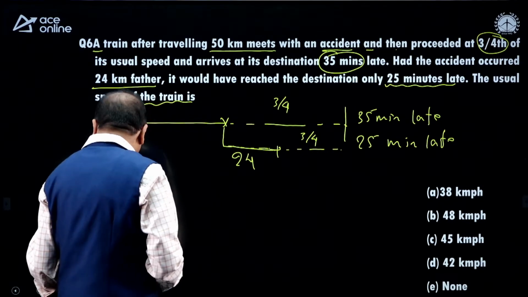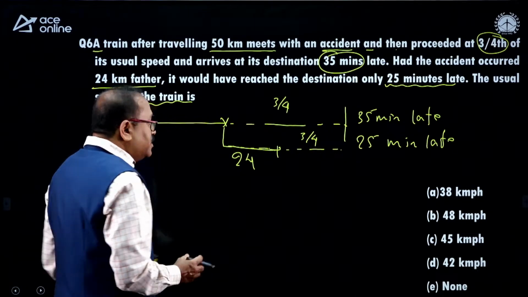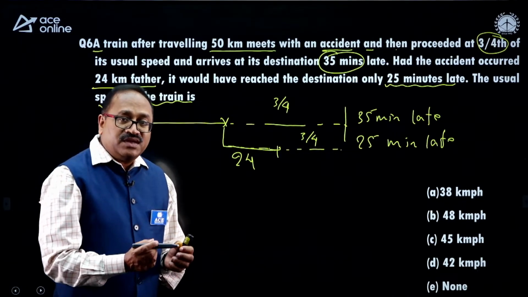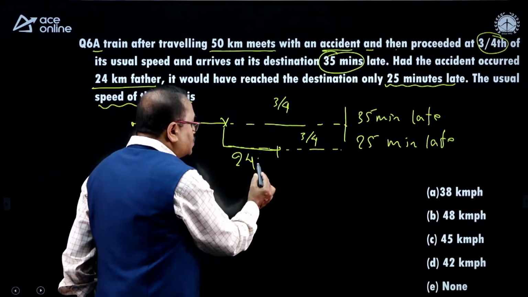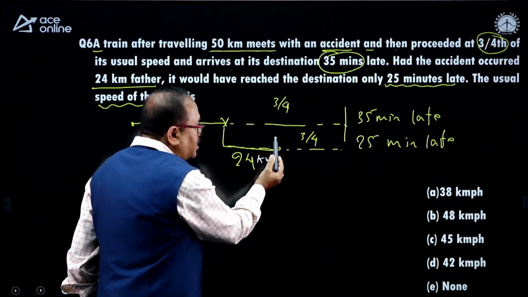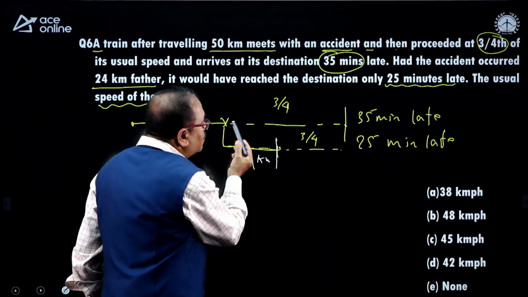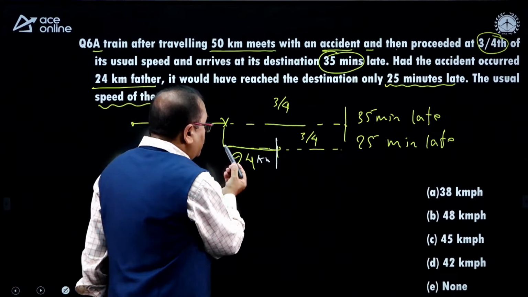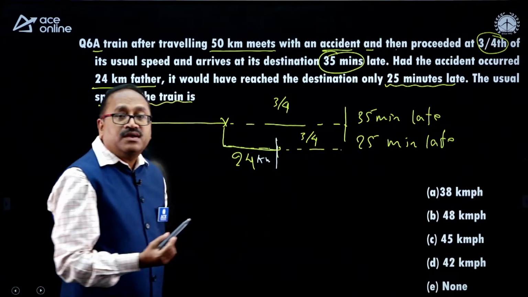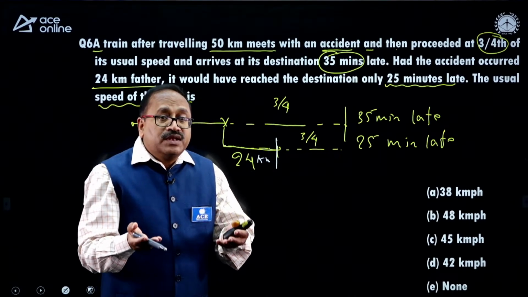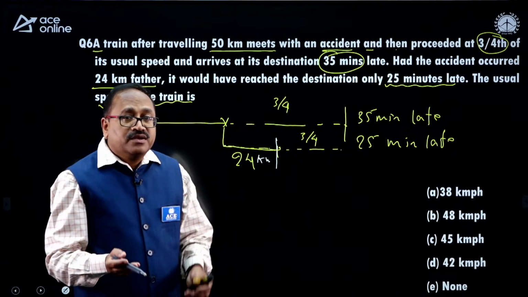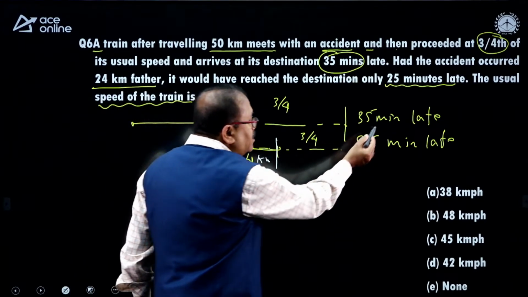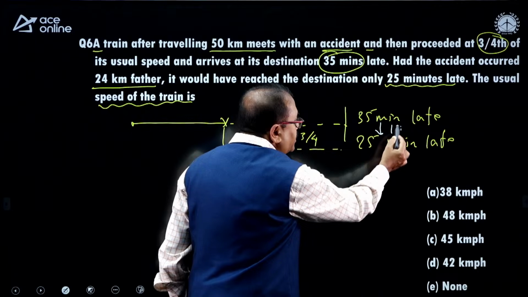Now, the main point over here, I will clear the question first and then I will give you some time. This 24 kilometer, if he moves with 3/4 of the speed, and this 24 kilometer, if he moves with usual speed, then the time saving was 10 minutes.